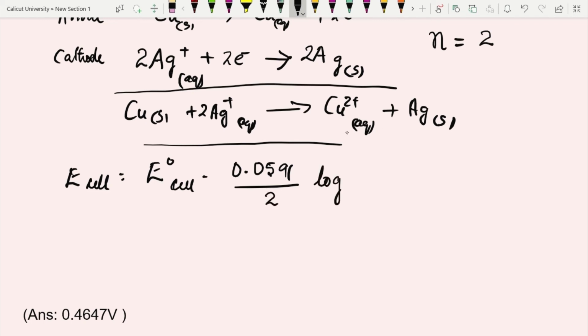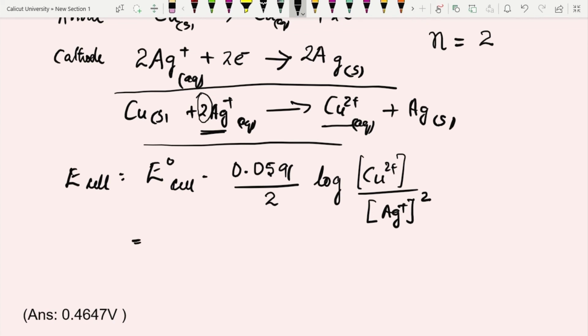When I take the products, I will take into consideration only the ions. So, here I will have copper ions, and in this case silver ions, but the molar coefficient is 2, you have to keep that in mind too. So, log of the molar concentration of the product, copper 2 plus, divided by the molar concentration of silver plus raised to the power 2, that is the number of moles of silver.